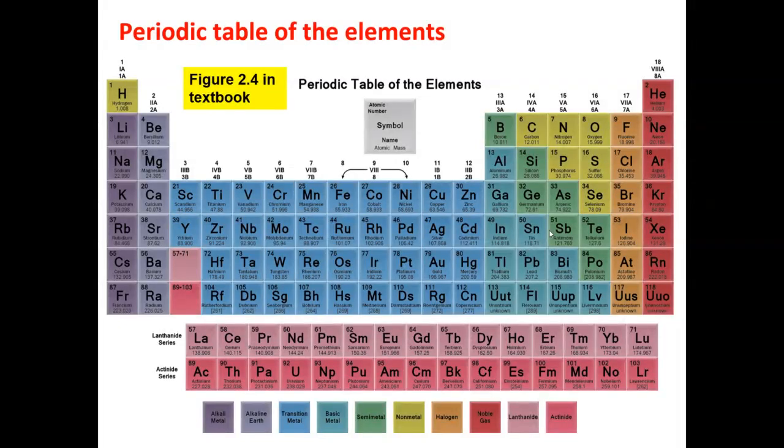This will have 1 in the fourth shell, 1 in the fifth shell, and so on. These over here, all of these have their outermost electron shell full of electrons. And that makes these special.